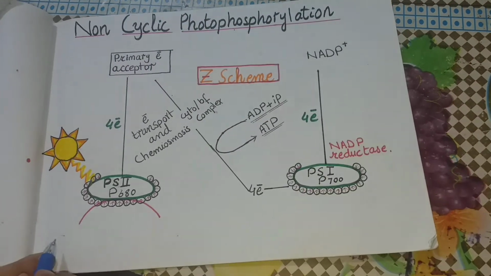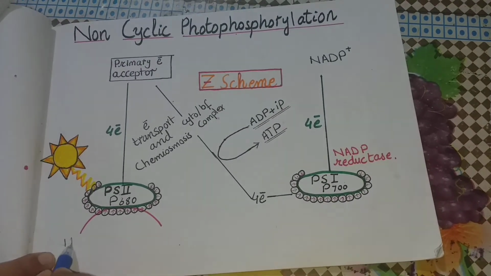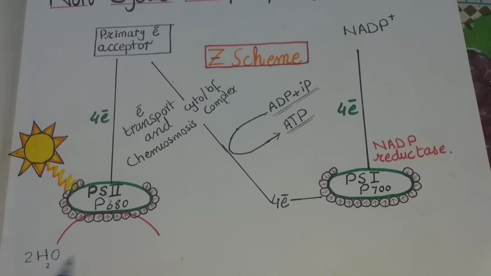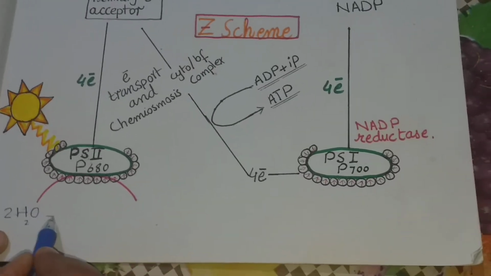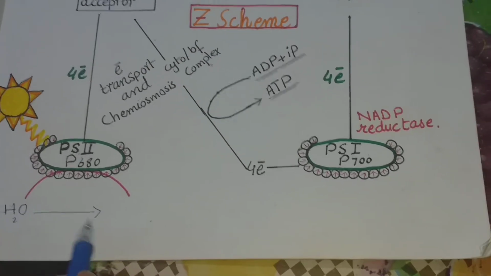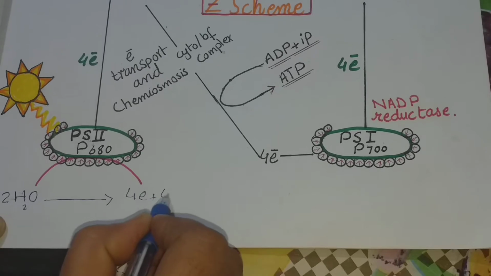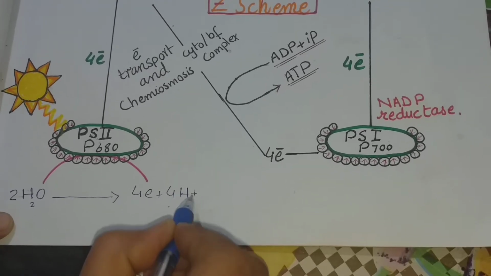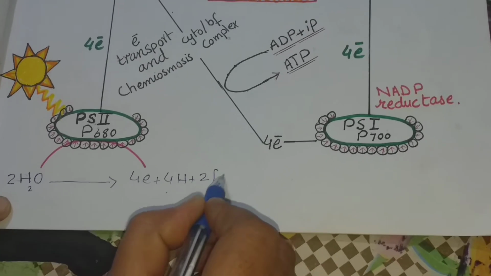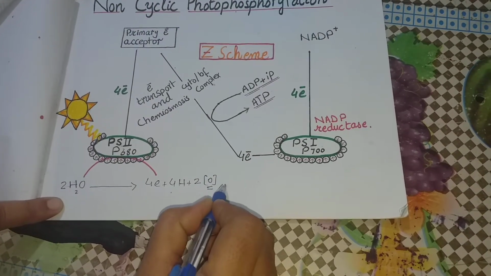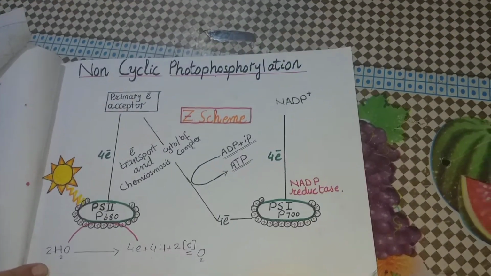Here you can write down photolysis, as you have done before. Two water molecules are broken down into 4 electrons, 4 protons and 2 atoms of oxygen, which later arrange themselves as oxygen gas.